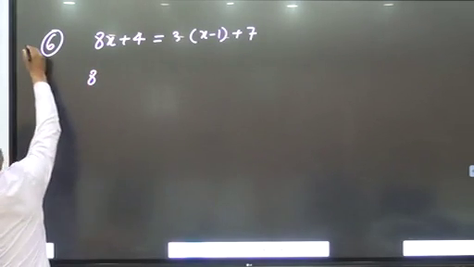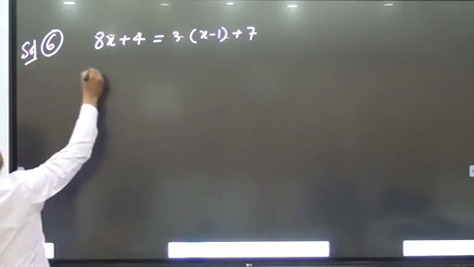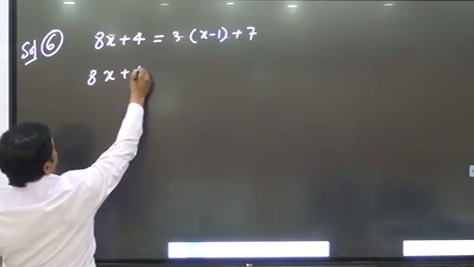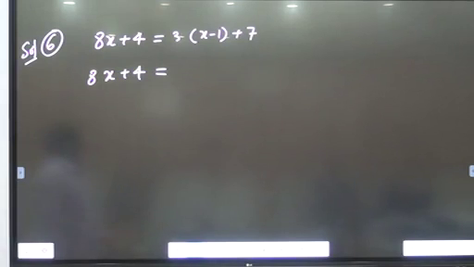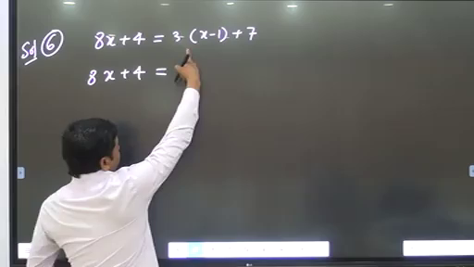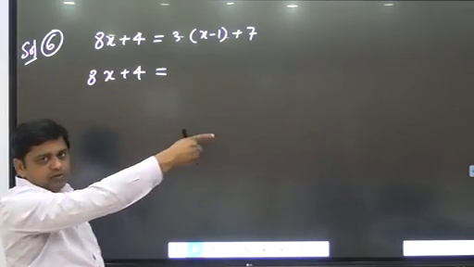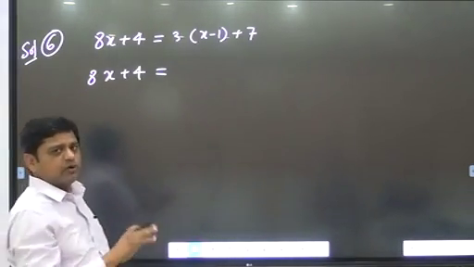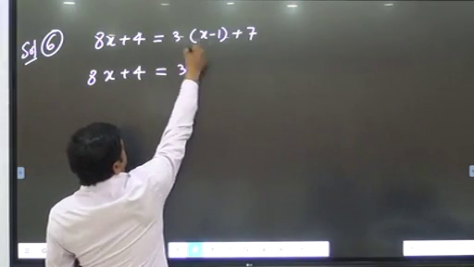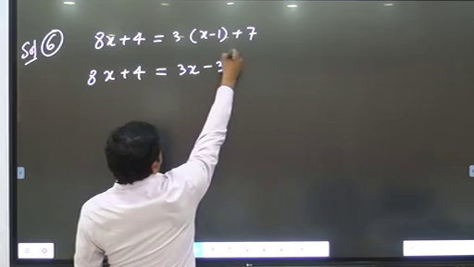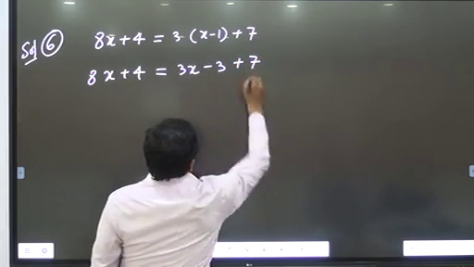8x plus 4 is equal to, first open the bracket using the distributive law. There is no need to write here what rule you are using. So only use that 3 into x, 3x and minus 3, plus 7.